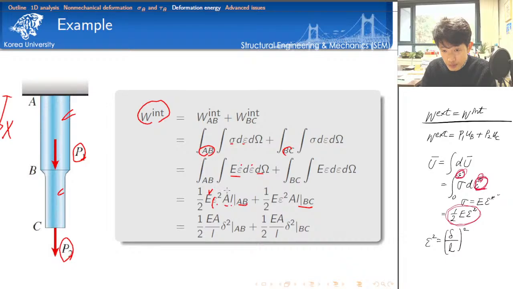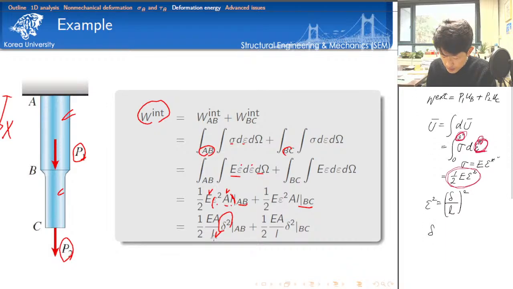I have one elastic modulus and cross-section area, and then one length, and another length is cancelled by this length, so I have only the elongation square. And then for the BC part, we can get a similar expression here. So make sure that the elongation square of the AB segment is equal to what?